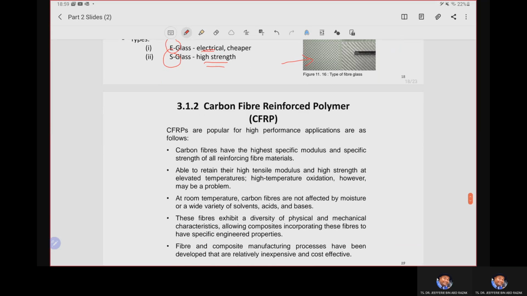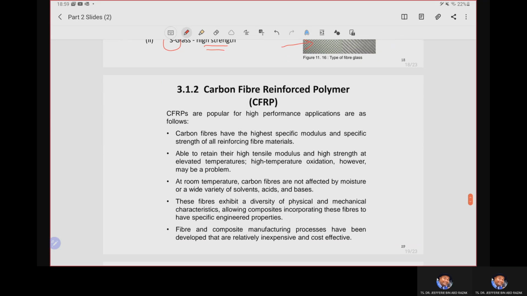Now we move forward to the next example of the polymer matrix composite using carbon as the dispersed phase. We have the CFRP here, the carbon fiber reinforced polymers. If GFRP is popular due to its lower cost, CFRP is most preferable for high performance application.